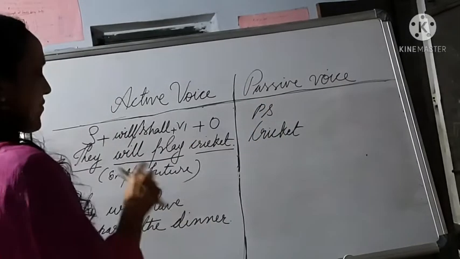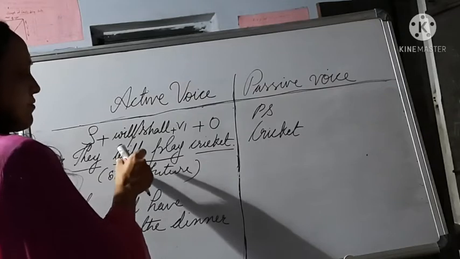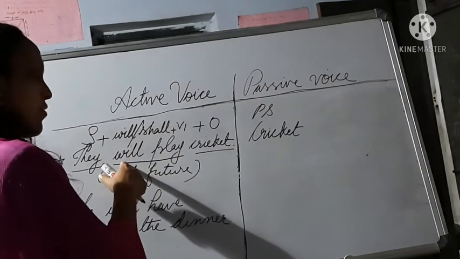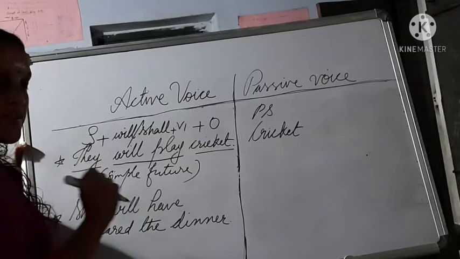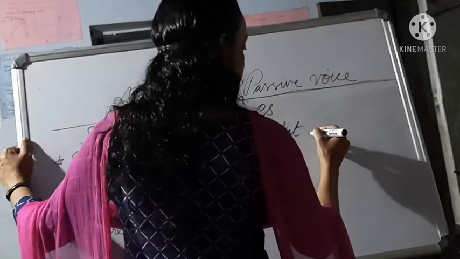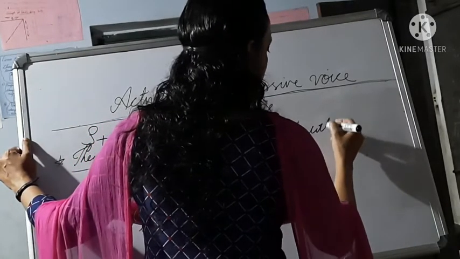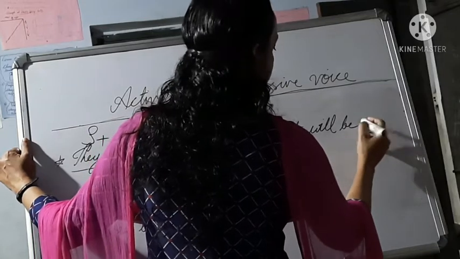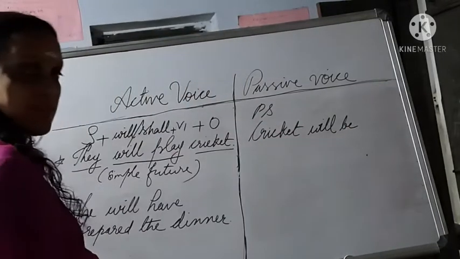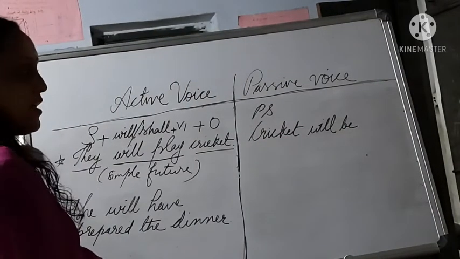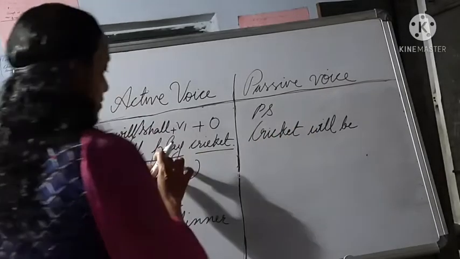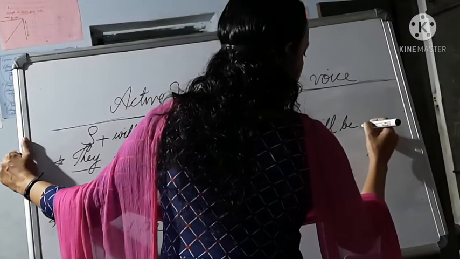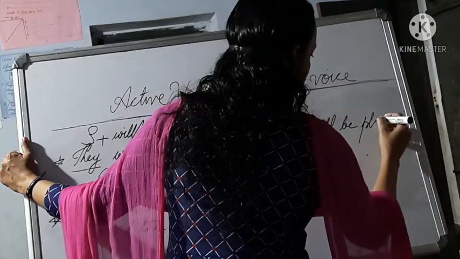Cricket. Now, if it is will or shall, just write it. Since it is simple future, write will or shall plus be. Use the special word be. Since it is passive, you have to use only V3 form of the verb play. What is the V3 form of play? That is played.